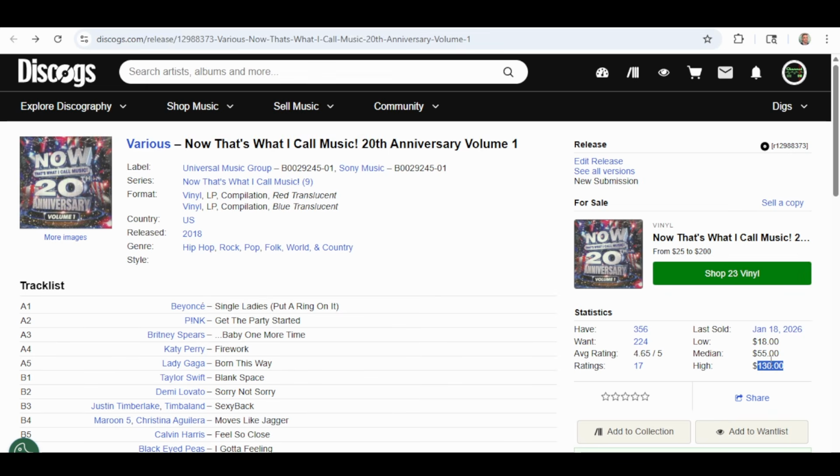When this came out, somebody was afraid it was going to sell out or they weren't going to be able to get it, so they paid 130 for this thing. Because of such a low number here and such a high number here, we end up with 55. I have no idea how many of these have sold, but 55 is where the numbers have brought this to as a median. Now, let's take a look at availability.